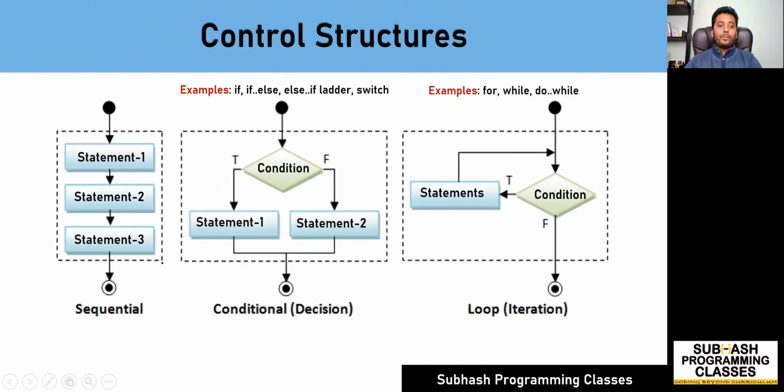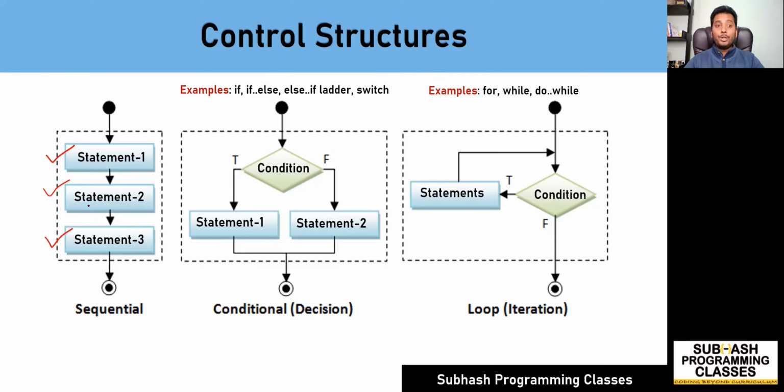So what are sequential control structures? Under sequential control structures, the statements of your program will get executed in the order in which they have been arranged in your C program. As you can see on the screen, first statement 1 will get executed, after that statement 2, and then statement 3.